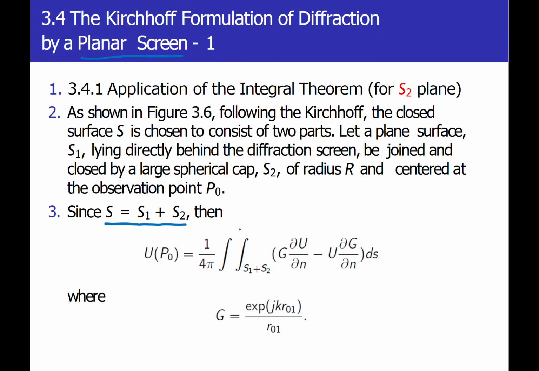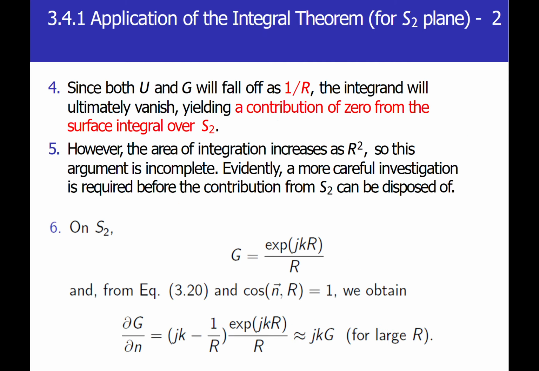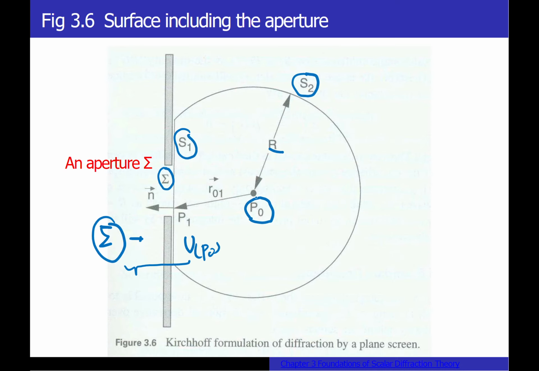We know that the Green's function for the Helmholtz equation is given by this spherical wave. Then we are going to assume that R goes to infinity, so this radius is going to increase and increase like this.